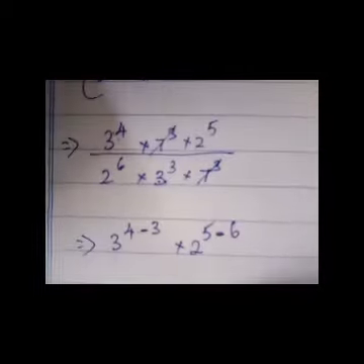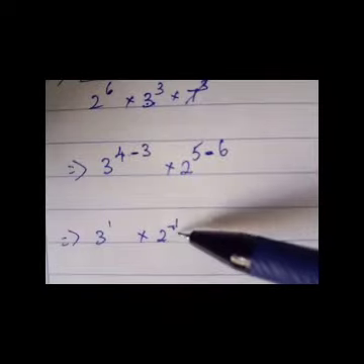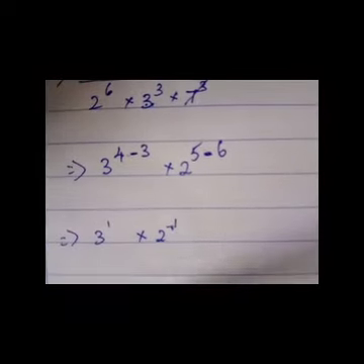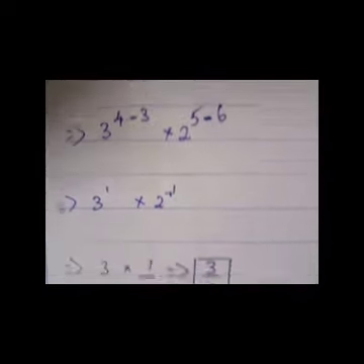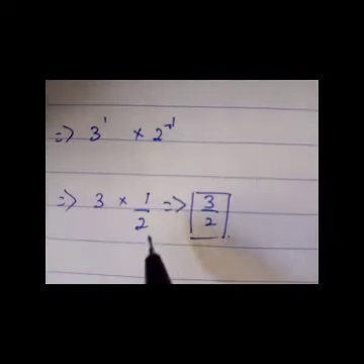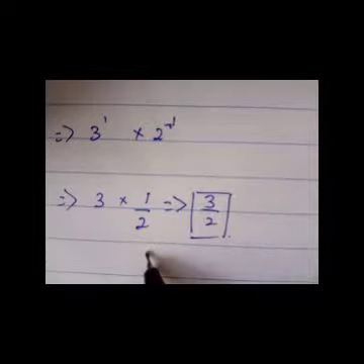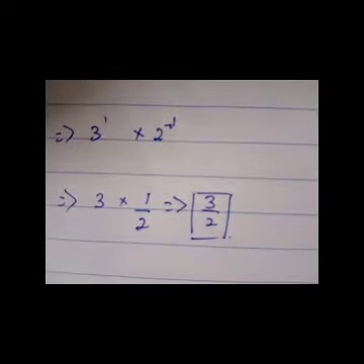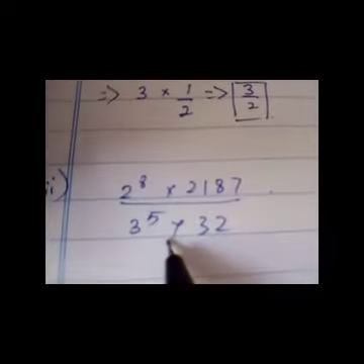As the power is in the negative sign, you have to change it to positive by taking the multiplicative inverse. Multiplicative inverse of 2 power minus 1 is 1 by 2, which is equal to 3 by 2. Your next question, do as your homework sum.